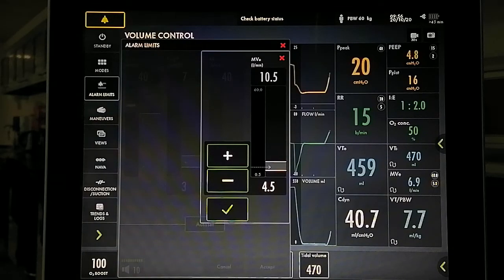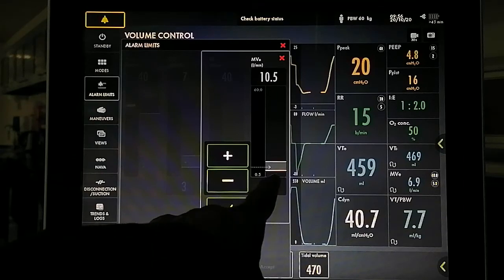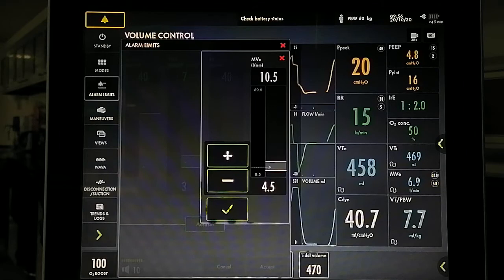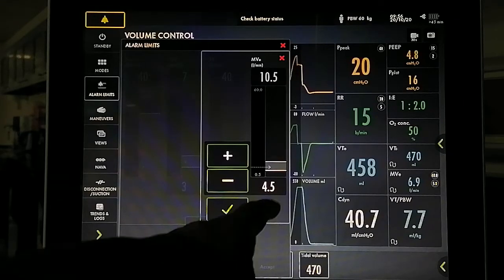So in this case, 6.9 means a minute volume of 6,900. So basically only around 6.2 or 6.3.